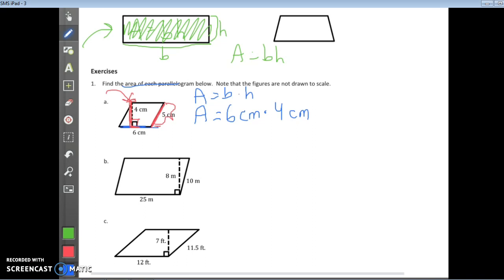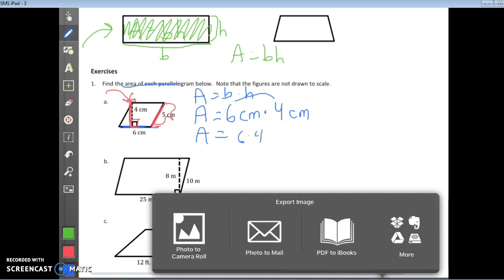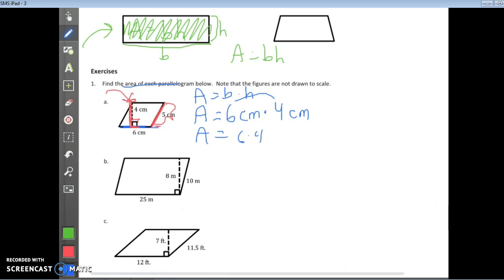So now let's multiply the like terms. Area equals, and our like terms are 6 and 4. So that would be 6 times 4, right? And what are the other things that we need to worry about? Well, we didn't do centimeters yet. So it would be centimeters times centimeters. So that's going to equal, well, 6 times 4 is 24.